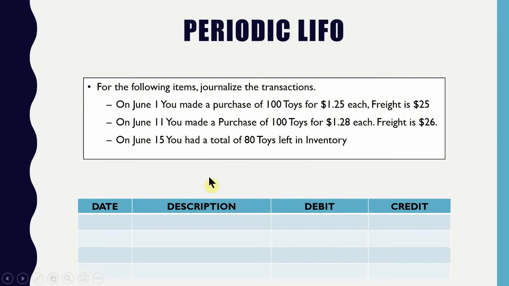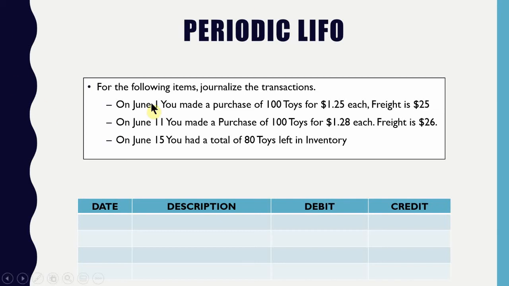So again, this is review from yesterday, but how we record it in our inventory worksheet is what's different. Everything else, journalizing and posting it to the purchases section of the inventory worksheet, is identical throughout every method. It's just the bottom portion when you calculate it that's different.